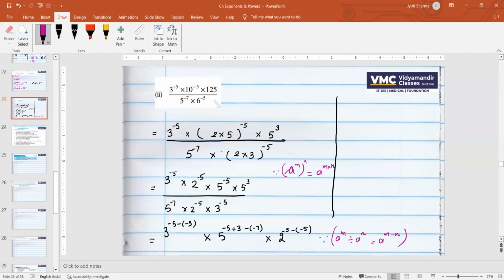So here 3 raised to the power 0 into 5 raised to the power minus 20 plus 7. So 5 and this is 2 raised to the power 0, and we know that this is 1.